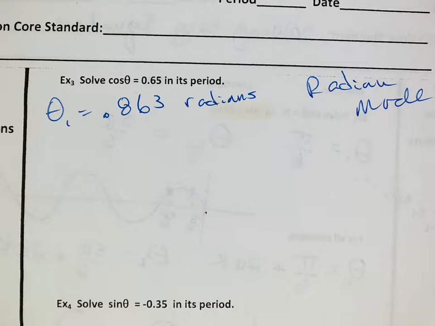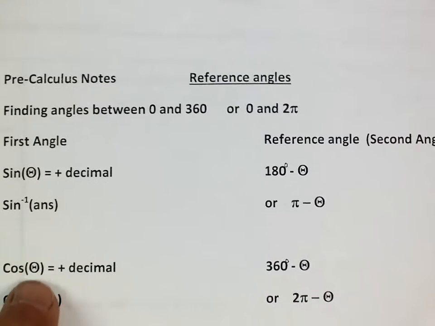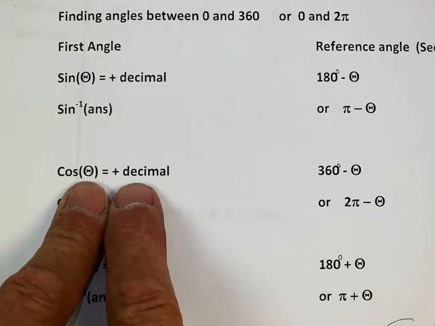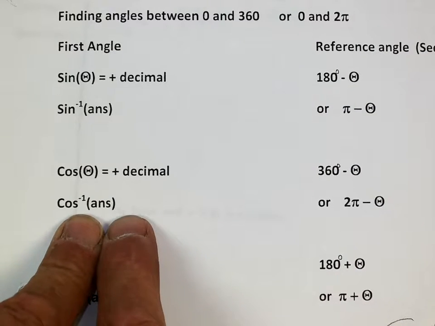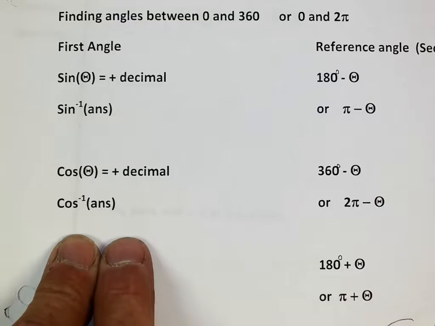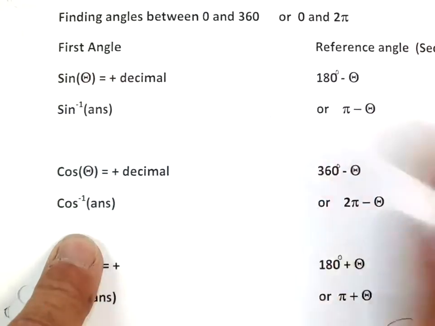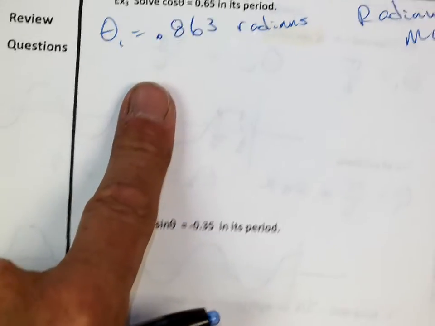So we have a reference angle chart. So how does this work? So I look at my reference angle chart. Okay, so we did cosine of theta equal, we just did this, right? We used our calculator, we did the cosine inverse, and we got an answer, didn't we? In fact, we just did this for theta 1, first angle, okay? We got theta 1 was 0.86.